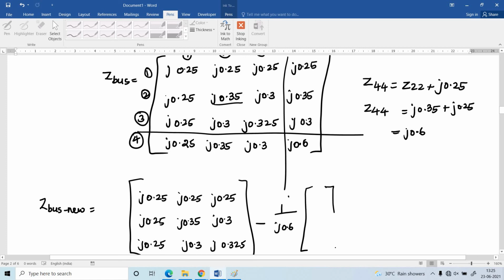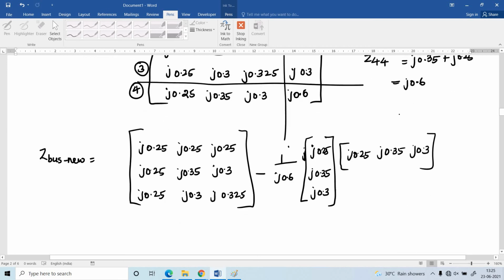First of all, I have to write these column elements: the fourth column elements j0.25, next j0.35, then j0.3. It is multiplied with the row elements j0.25, j0.35 and again j0.3.